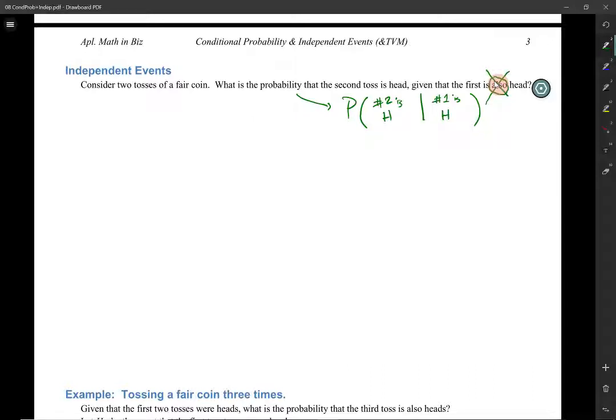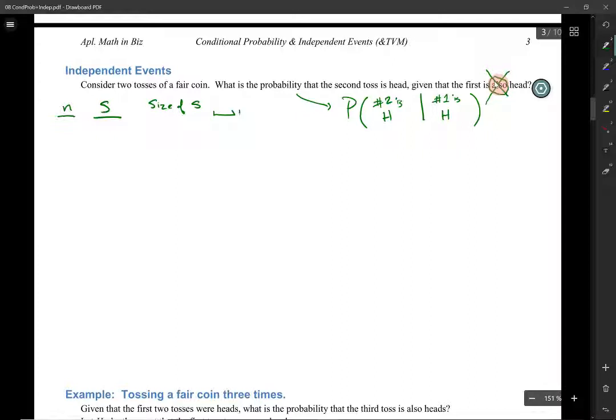So what does a sample space look like? So we'll have, how big is the sample space? Size of the sample space. So something about 2. Okay, so we're doing this twice, right? So this is toss number 1.